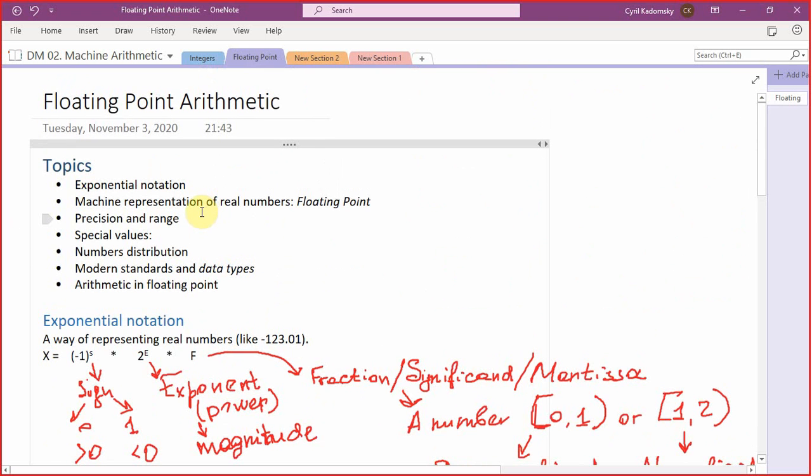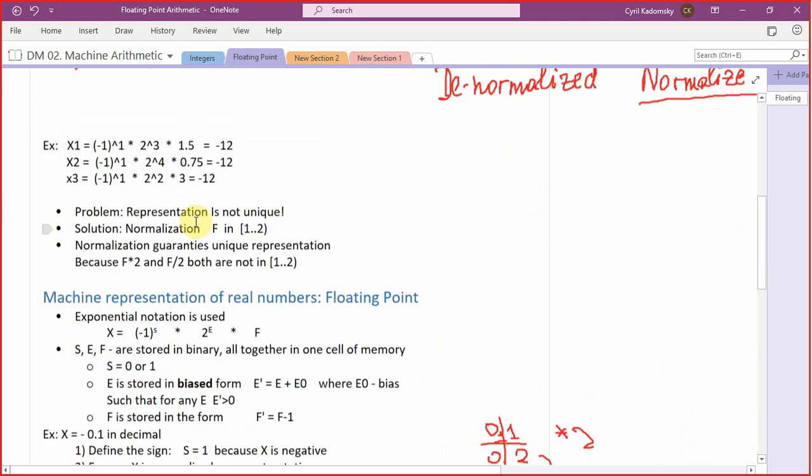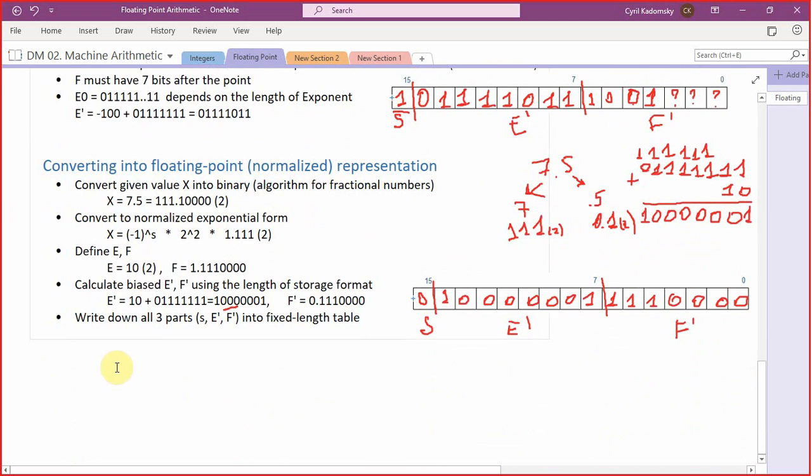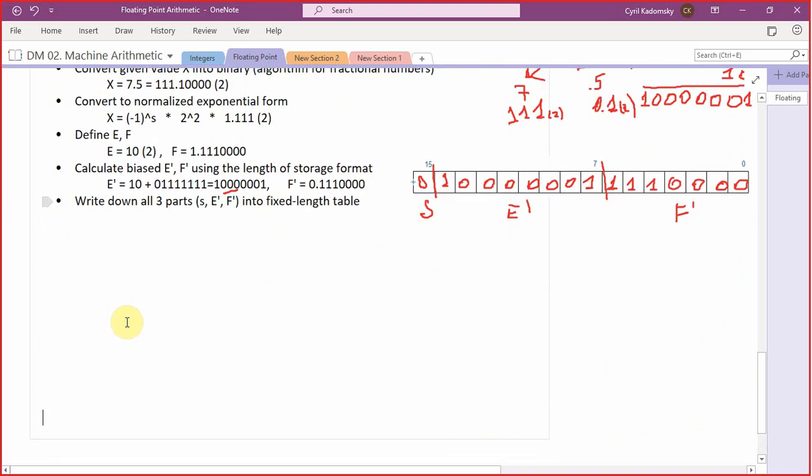The next step is precision and range. Actually, we got to this point. But before, of course, we will get to this precision and range.